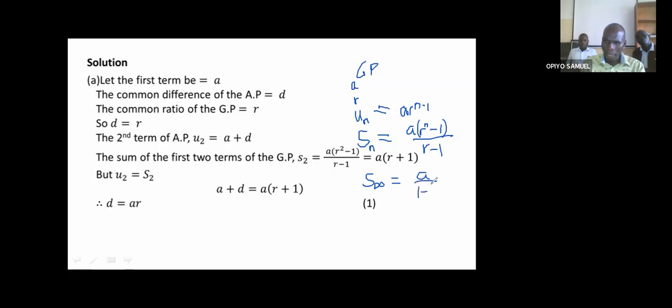And for you to use this formula, you must check that the modulus of r should be less than 1, in other words, r should lie between -1 and 1.